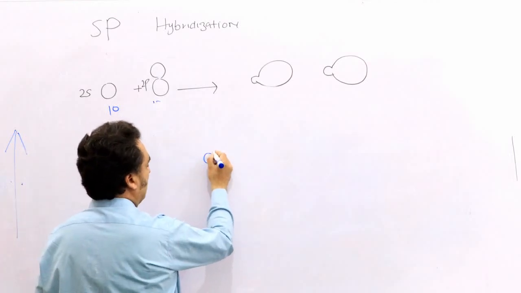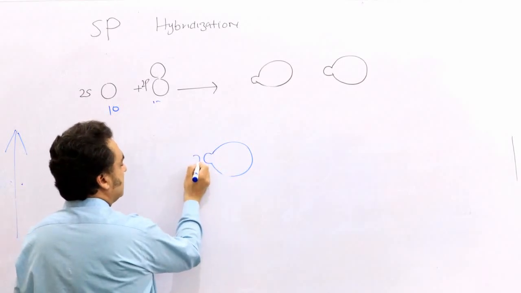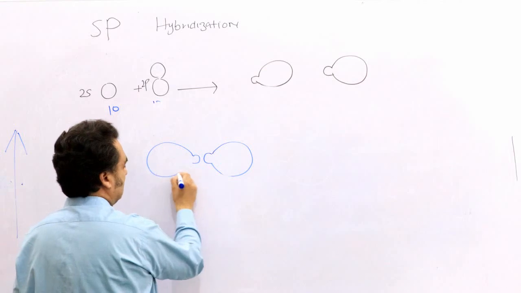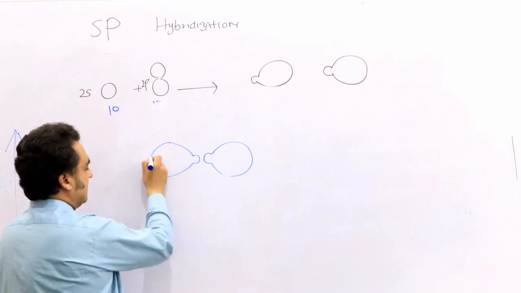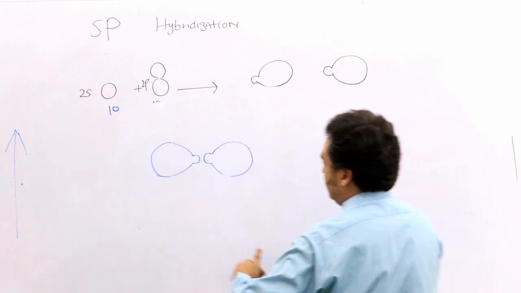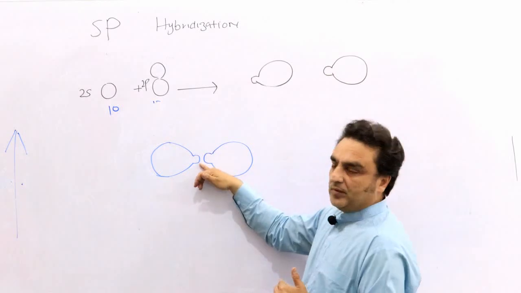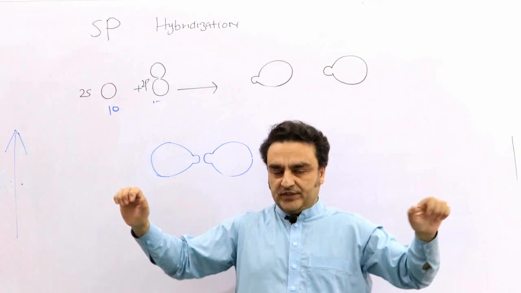This is one orbital, it will be arranged like this, and the other one will be arranged like this. This is a little bigger, this is smaller, but both of them are the same size. So anything which makes a bond with those orbitals should be at 180 degrees with each other.